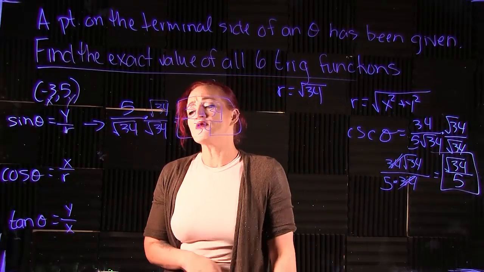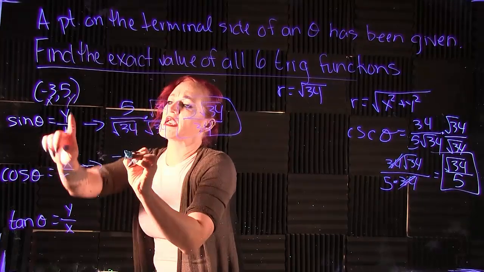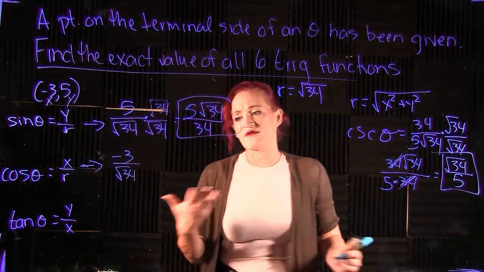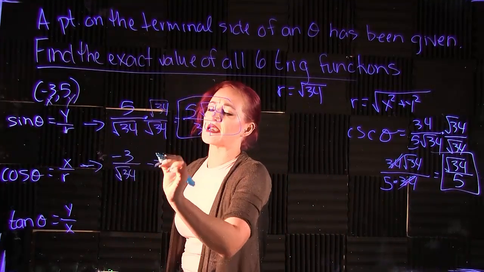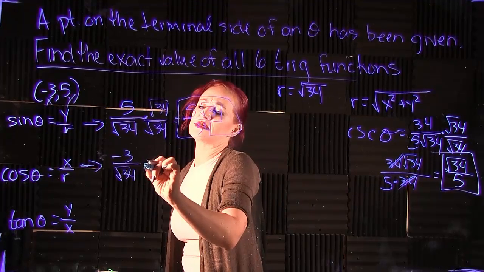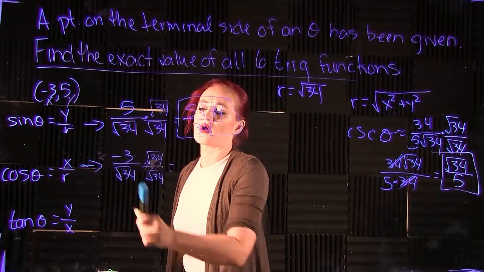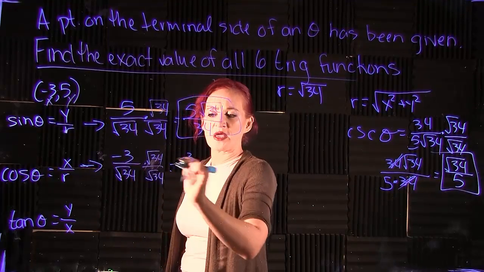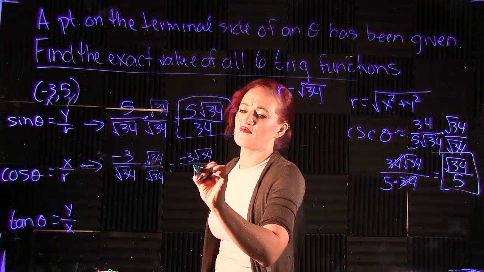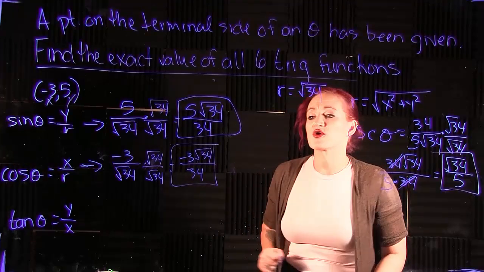For cosine, it is x over r. Our x value here is negative 3, and our r is the square root of 34, so it's a very similar process as sine above. Rationalize the denominator in order to simplify this by multiplying by the square root of 34. Negative 3 times square root of 34 is negative 3 square root of 34, over 34 in the denominator, for your cosine.